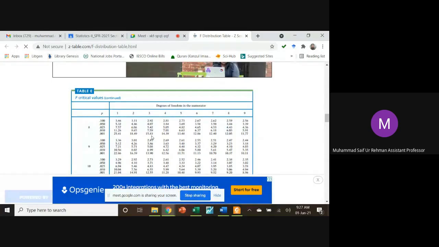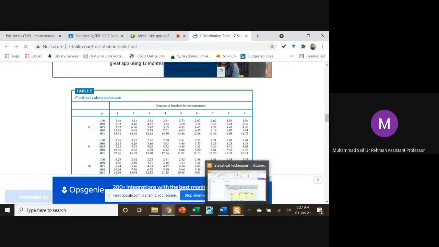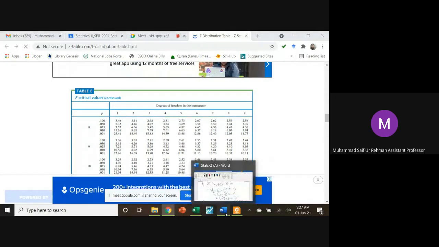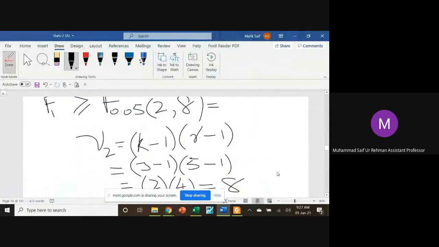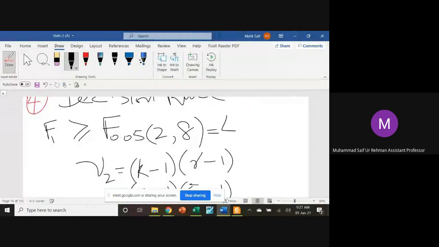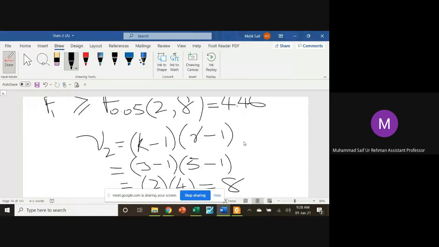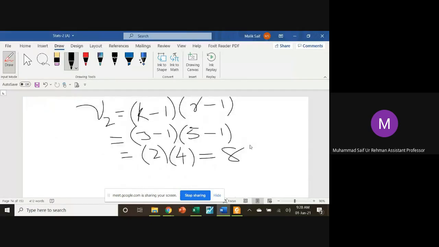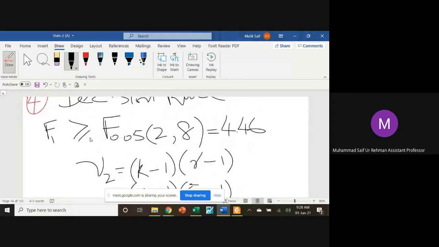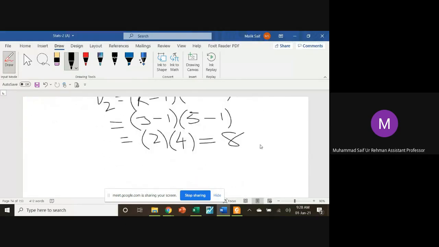So 4.46 is the critical value that you will take into account. This means that if my calculated value of F1 exceeds 4.46, I would reject H naught. So you can write it down as: if F1 exceeds this, we would reject H naught.